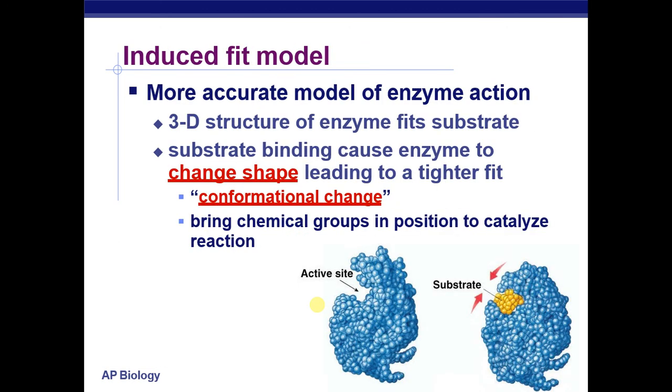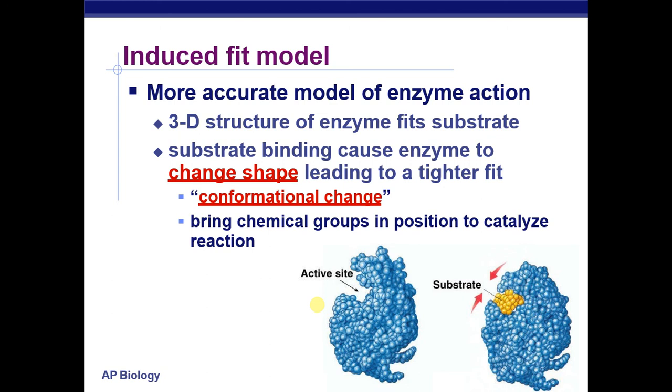A little bit more accurate model is called the induced fit model. It's a little bit more accurate than that lock and key one. Just like the lock and key model, the 3D structure of the enzyme fits specifically the 3D structure of the substrate. But that hydrogen bonding between the substrate and the active site of the enzyme leads to the enzyme's shape changing slightly to fit around the substrate more tightly.